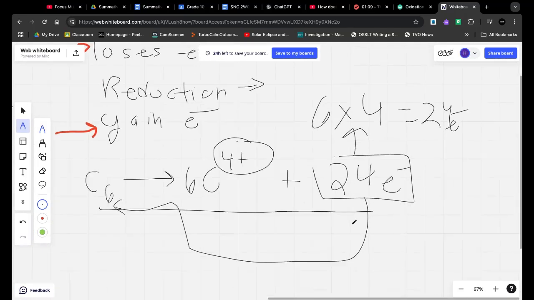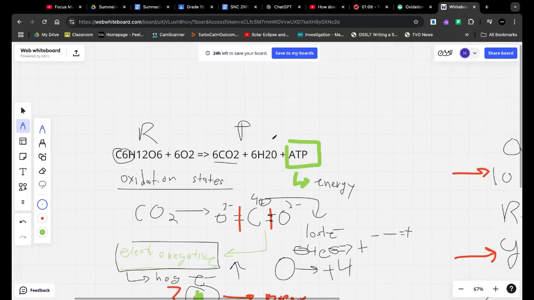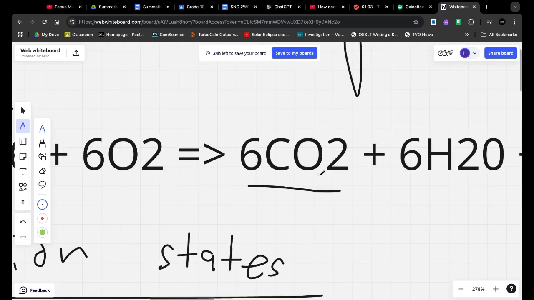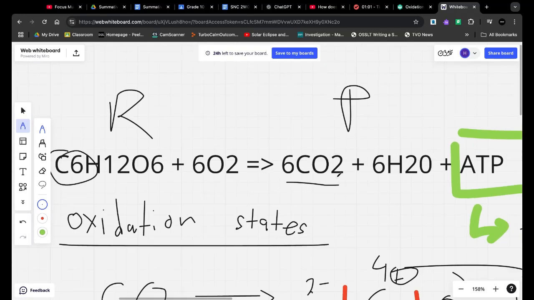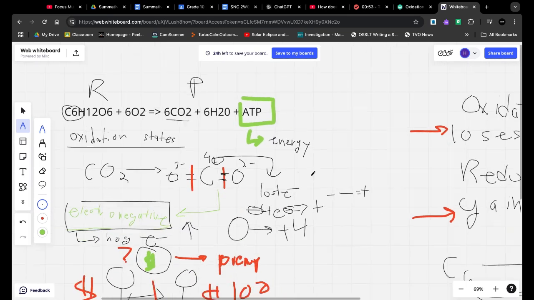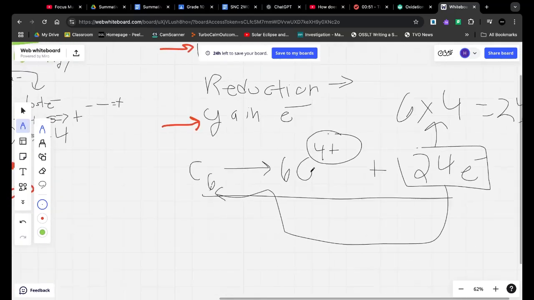This happens because they're now part of this molecule, so they're sharing electrons, and hypothetically the oxygen will be hogging the electrons most of the time because it's more electronegative.